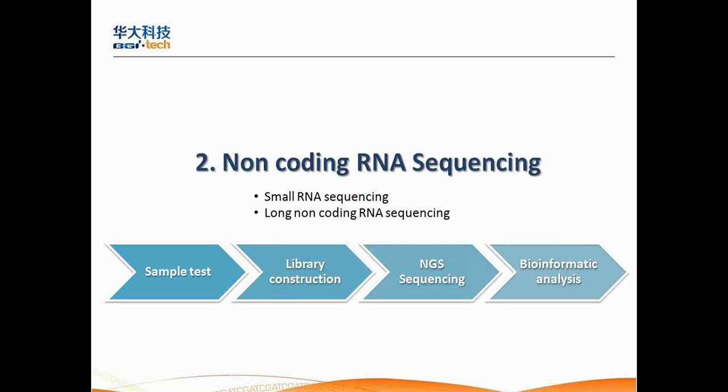And also both the resequencing and the de novo sequencing of transcriptome can help us to detect alternative splicing. So that's all about the messenger RNA sequencing.